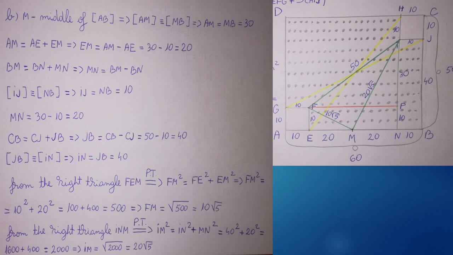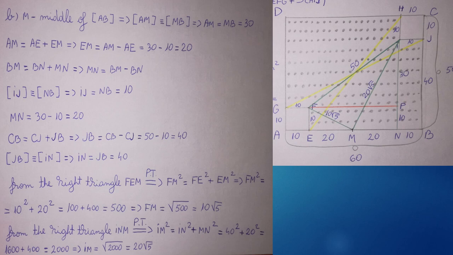From the right triangle INM, we have with Pythagoras' theorem that IM squared is equal to IN squared plus MN squared, which is equal to 40 to the power of 2 plus 20 to the power of 2, which is equal to 1600 plus 400, which is equal to 2000.